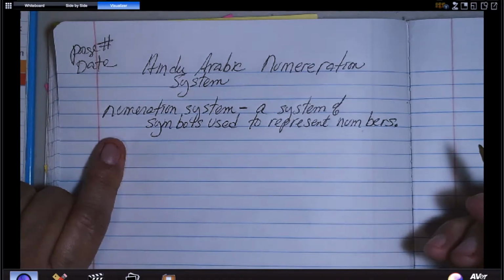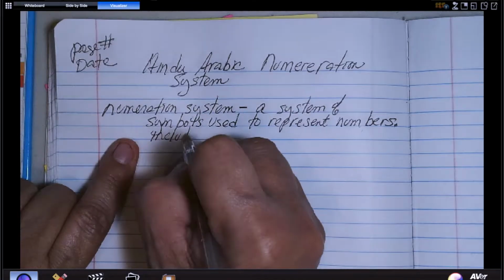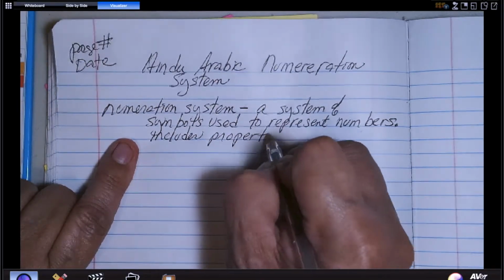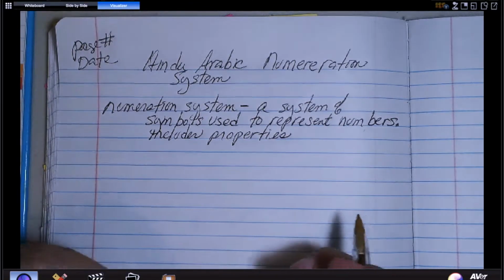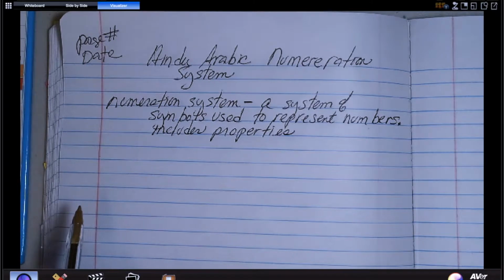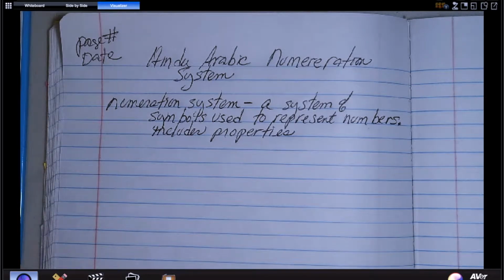Now, a numeration system includes properties and rules. So there are such properties as the commutative property, additive property, the distributive property from college algebra. And so we'll go over our properties later. So a numeration system has symbols and properties.